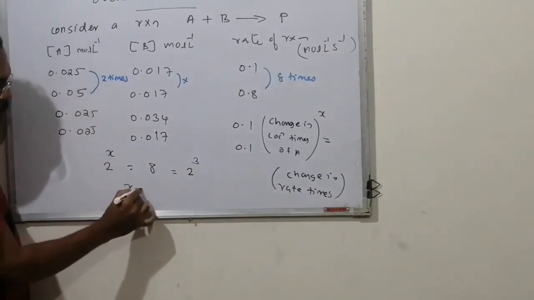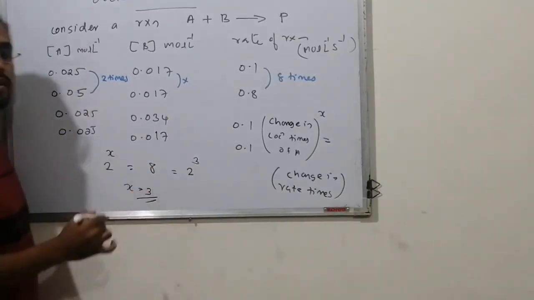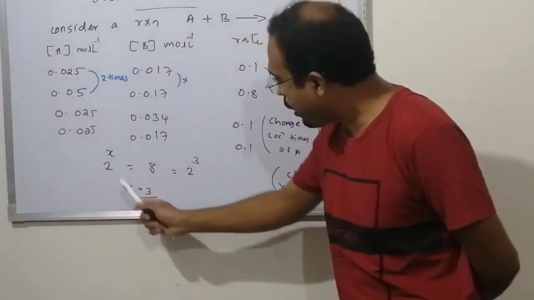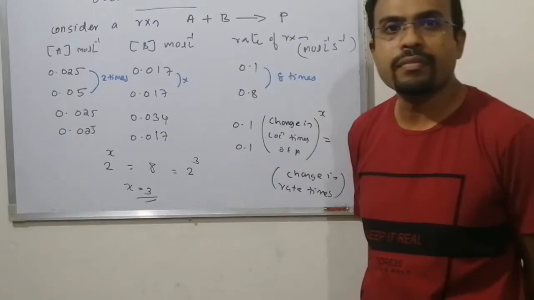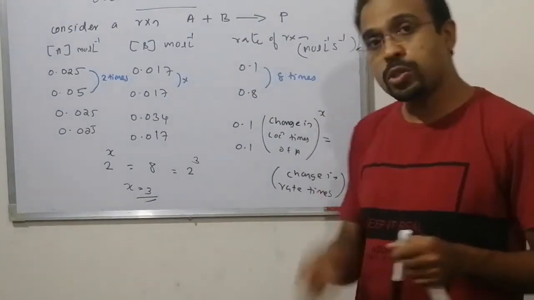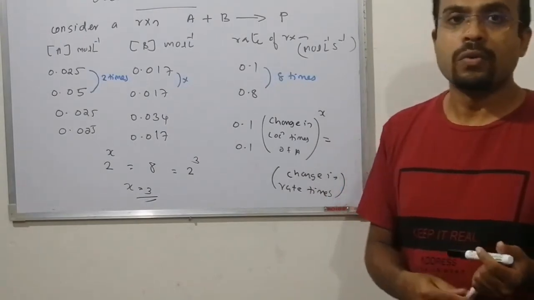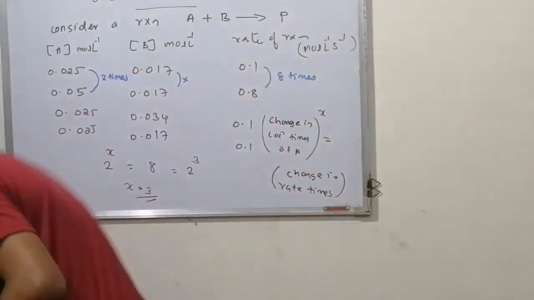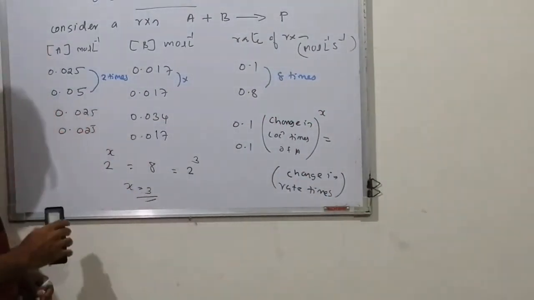Therefore, x is equal to 3. Very simple. What is the order of A? 3. It's a mind calculation. Once you practice it, you do it in your mind. Therefore, the order of A is 3.